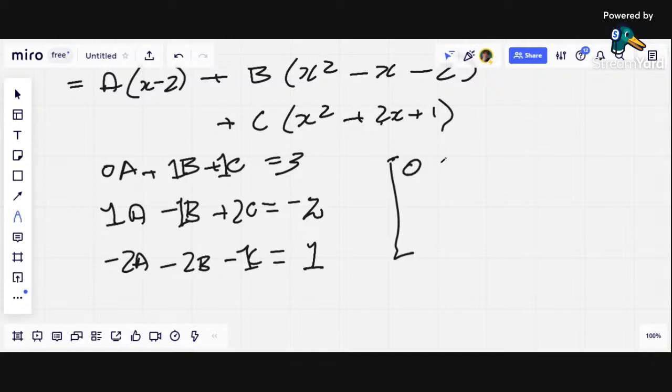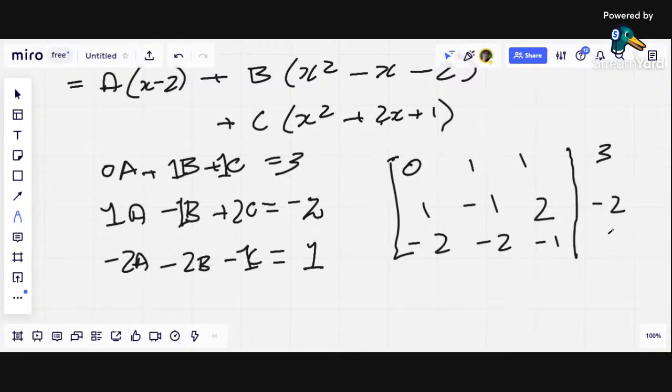And I'm going to write this as a matrix: 0, 1, 1, 1, negative 1, 2, negative 2, negative 2, negative 1, and we'll make that an augmented matrix with 3, negative 2, 1. And you may not have expected some linear algebra here, so we're not going to dive right into it.